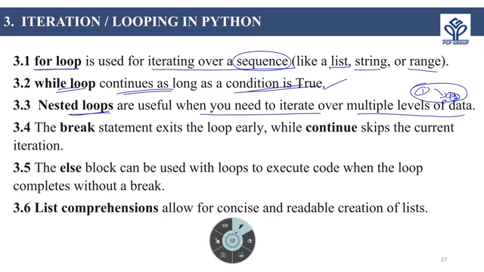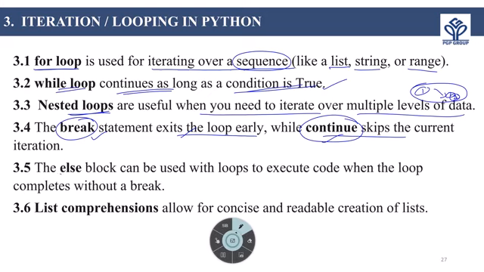Break statement exits the loop early, while continue skips the current iteration. So break, continue, these are our iteration controls. When the loop exits, we use the break statement. When the current iteration is skipped to the next, we use the continue statement.